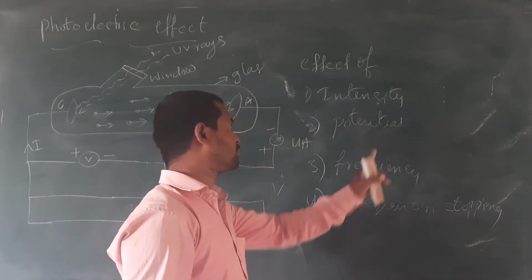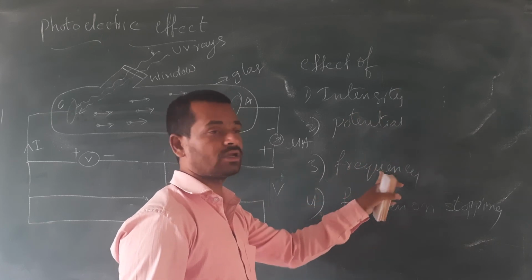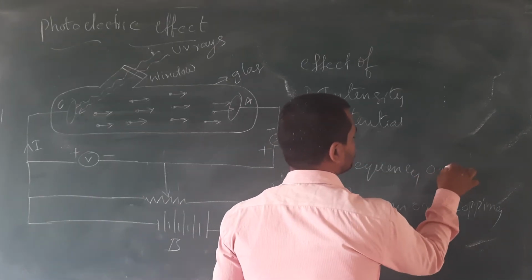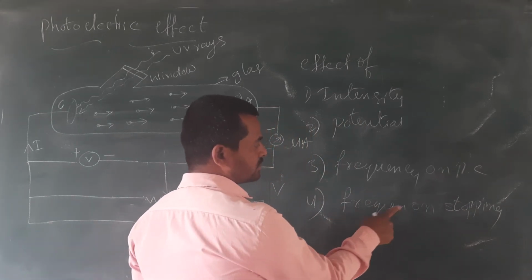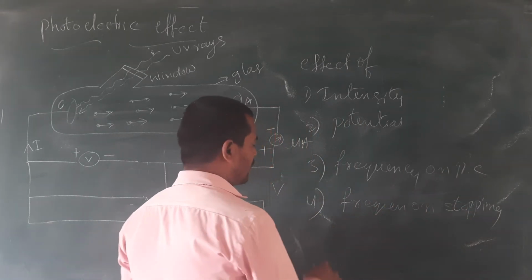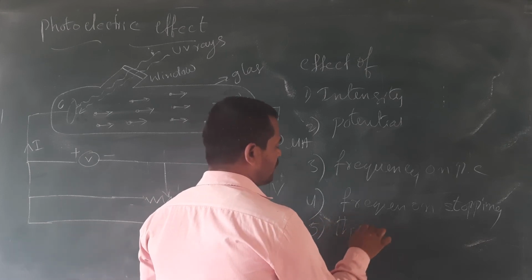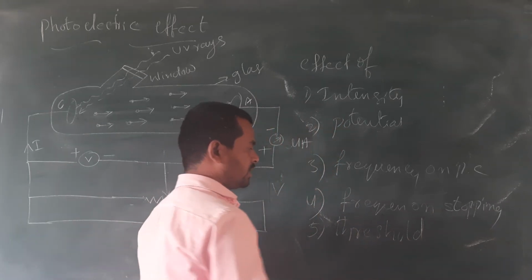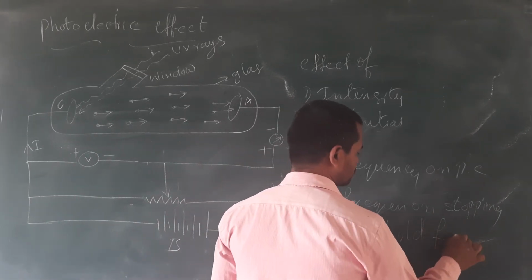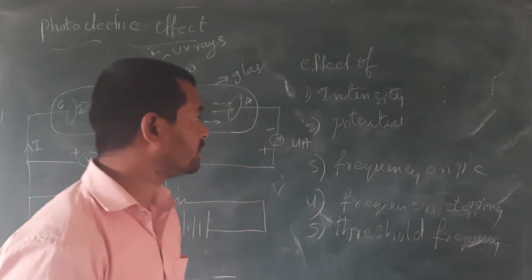Up to here, it was the effect of intensity, effect of potential, and effect of frequency on photo current. But here it is the effect of frequency on stopping potential. And the last, fifth point is threshold frequency, the minimum frequency. How can we get it?